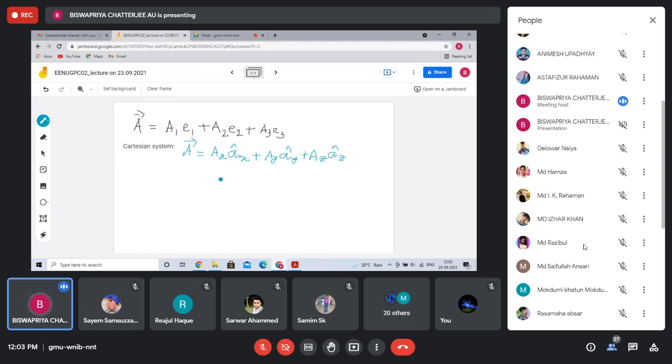So this is the specific representation of a vector in the Cartesian system.